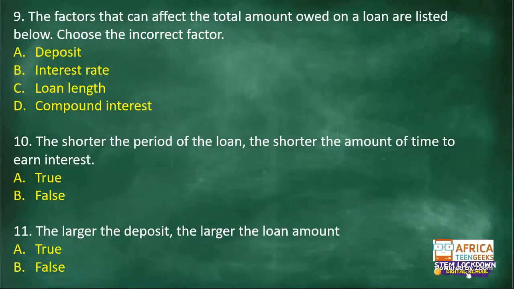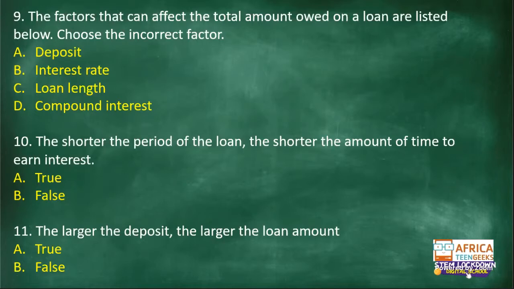The loan amount can be affected by a wide range of factors, such as the interest rates. So the interest rates do have a bearing on the loan that you take. At times when the interest rates are increased, either by the bank or the Reserve Bank, that can have a bearing on the loan that you owe to the bank. And of course, the loan length.